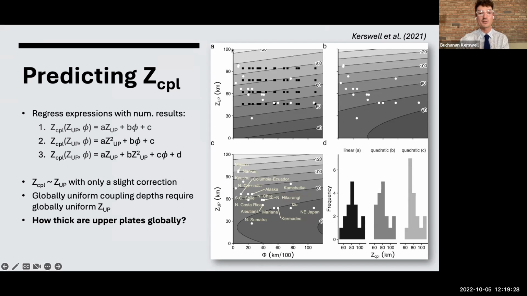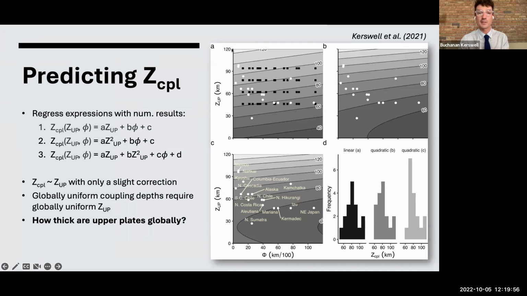In other words, the response of coupling depth to the thickness of the upper plate is so strong that the upper plate thickness can almost give you exactly the coupling depth with just a small correction. Okay, so they're almost equivalent. They approximate each other.